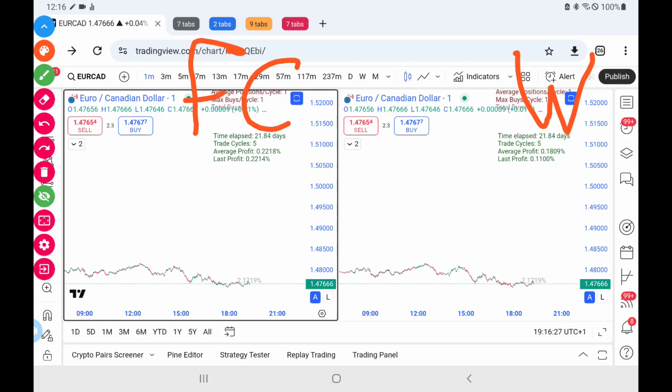So again, you have a condition where the framework can be somewhat dramatic, even though in this case it's only one purchase per cycle and the trade numbers are the same. In this particular situation, this pair had a drastic difference between the full candle and the wick.